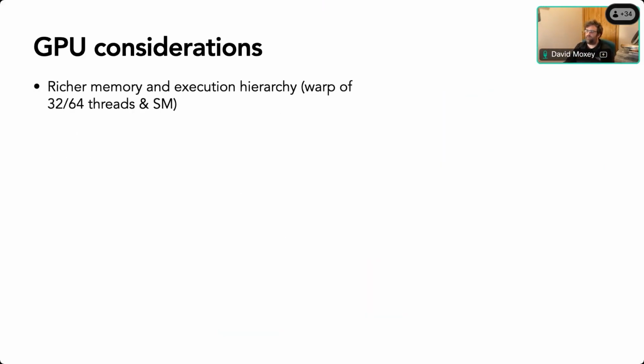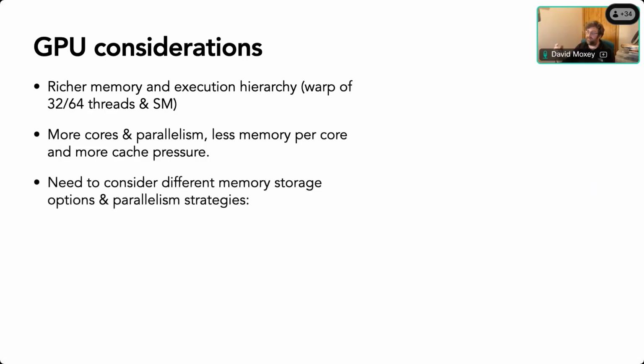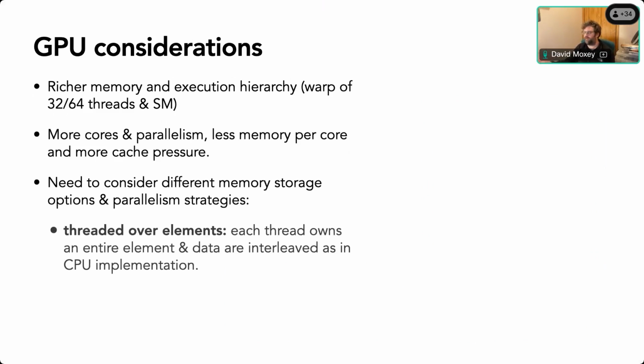In terms of the GPU, you have a richer memory and execution hierarchy. So you might have 32 or 64 threads, 32 on NVIDIA, 64 on AMD, and they live in the streaming multiprocessor. And you have, therefore, more cores, more parallelism, less memory per core, more cache pressure as well. And so you have to consider different memory storage options as well as the kind of parallelism you want to use.